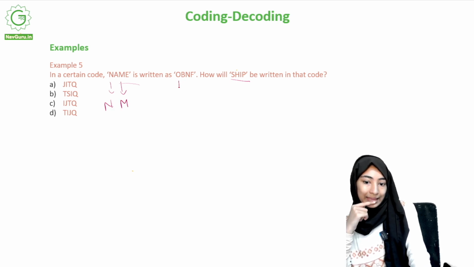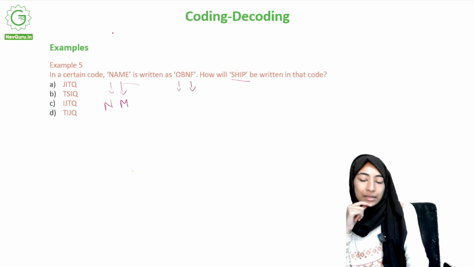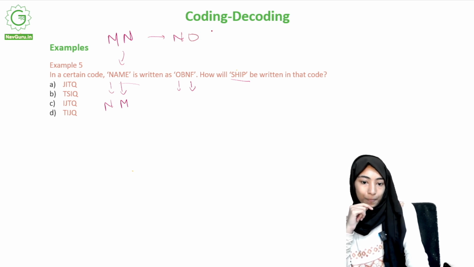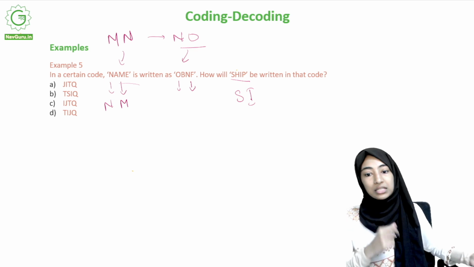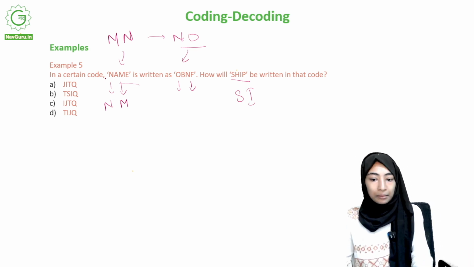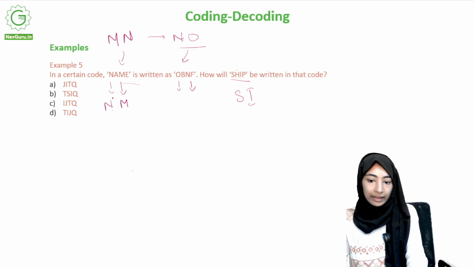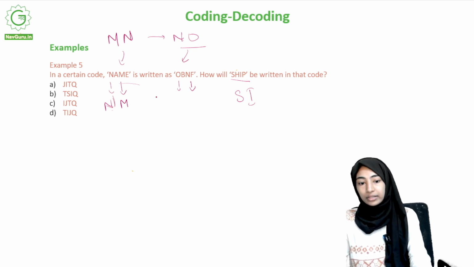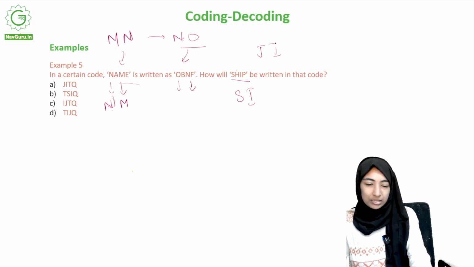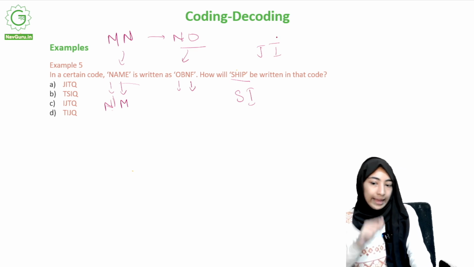Yes, NO. Basically, what is happening is that in the first case, it's MN that is taken, and then it becomes NO. So if this is the pattern, but here SI does not seem to work, because N comes soon after M, and this does not work here, because then it would have to be JI. So that's not the right thing.